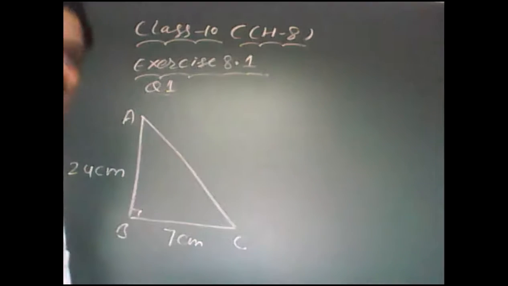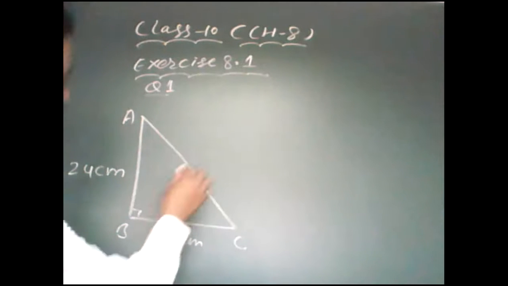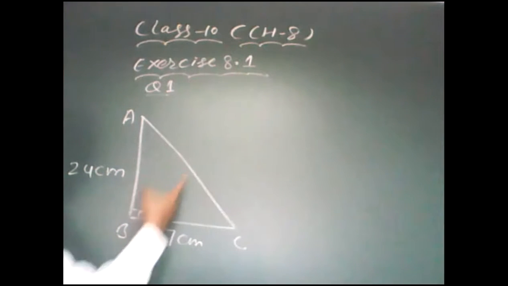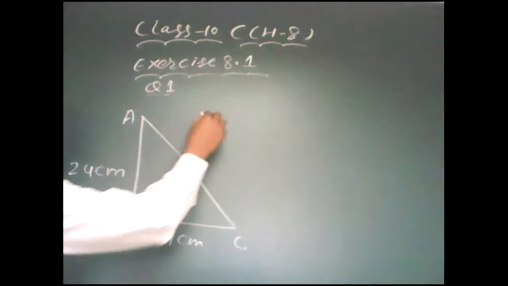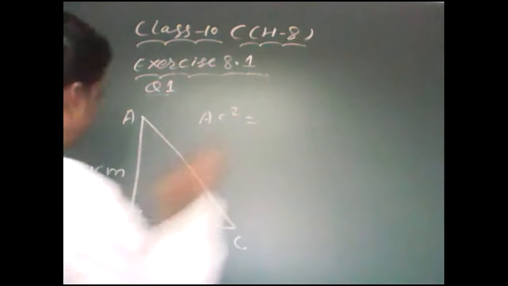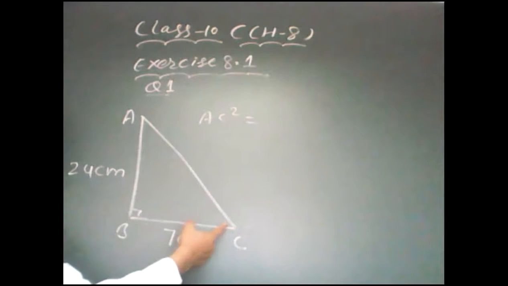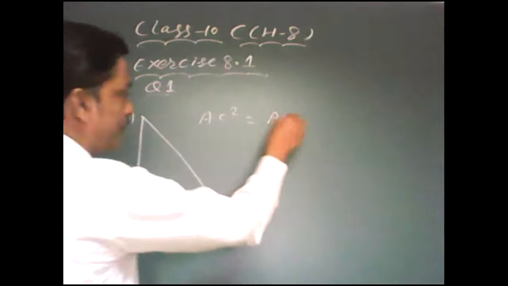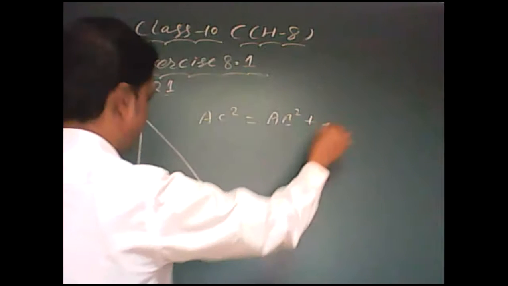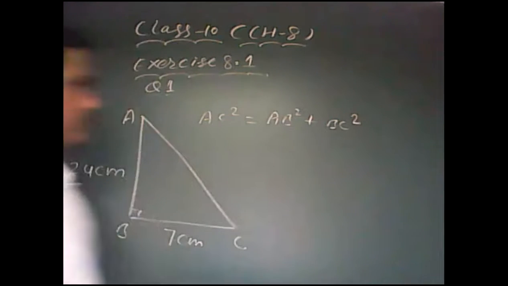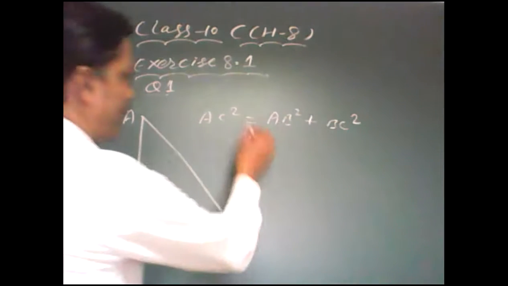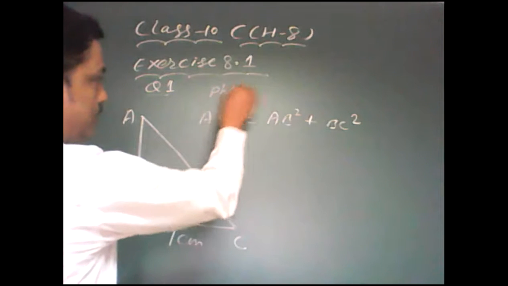So as we discussed in the example, students, first we need to calculate the hypotenuse here. And by using Pythagoras theorem, we can easily calculate AC. AC square is equal to AB square plus BC square.